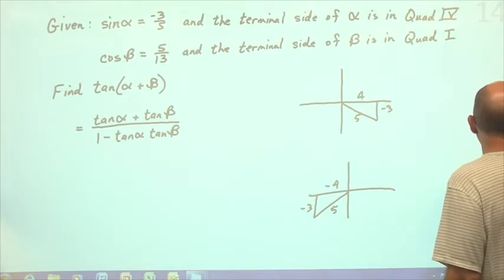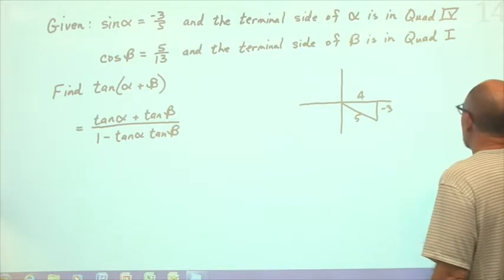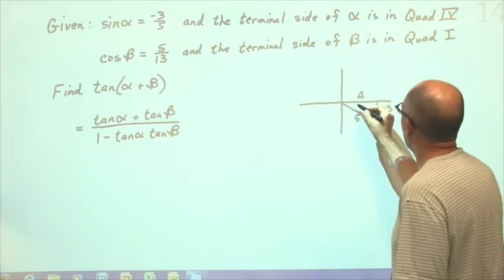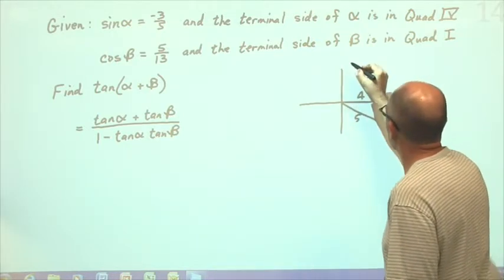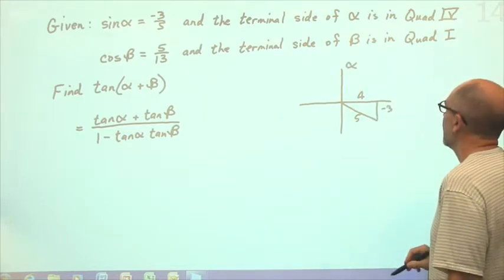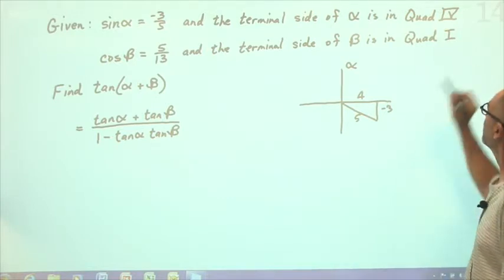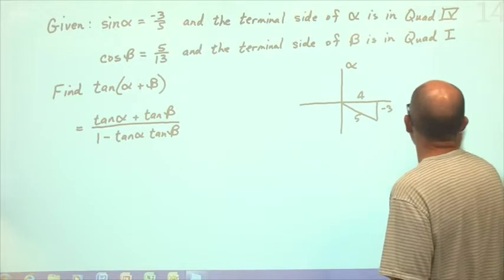Okay, so we'll get rid of this thing. So this is our alpha angle. Let's just put alpha there. Now our beta angle says cosine is 5/13 and terminal side is in quadrant 1.